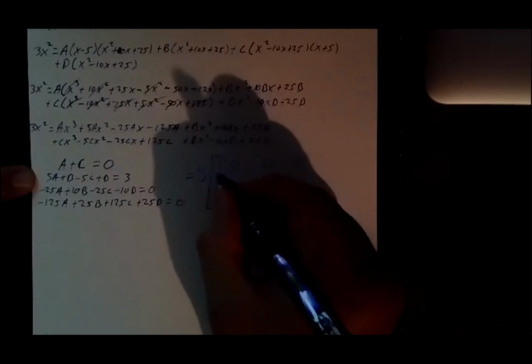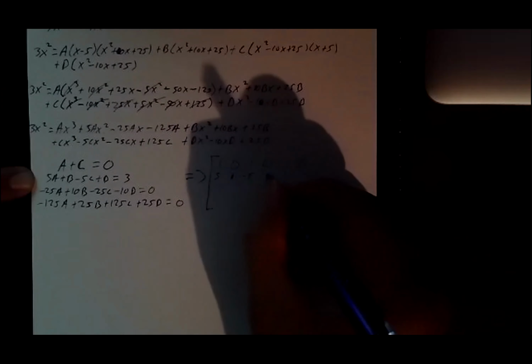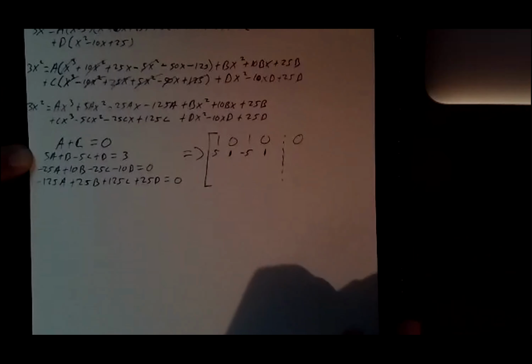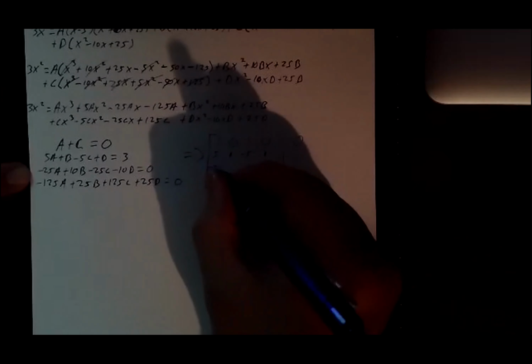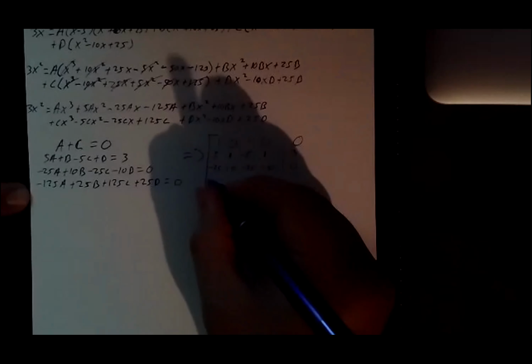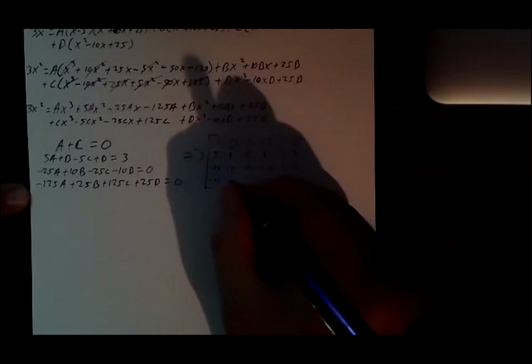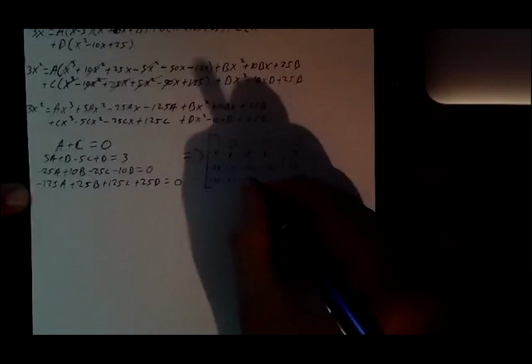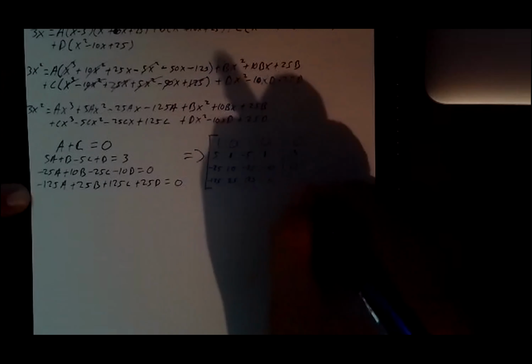Next one has a 5 for the A, a 1 for the B, a negative 5 for the C, 1 for the D. Next one, negative 25, 10, negative 25, negative 10. 3, 0. Last guy would be negative 125, 25, 125, 25. And that would be your matrix.